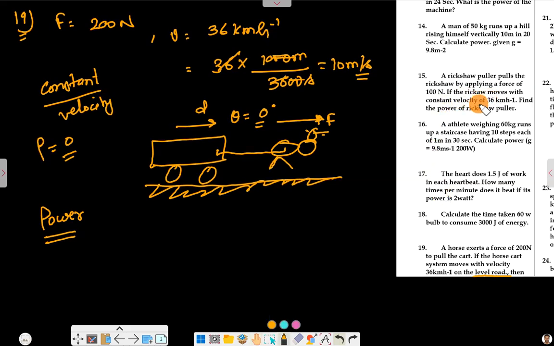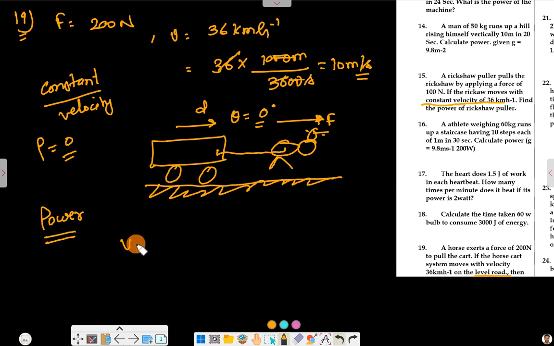In question number 15, see here it is mentioned constant velocity. In this question there was force and velocity, but due to constant velocity our power was 0. In this question there is again force and velocity, but here the answer will not be 0. Here we will get a value of power that is not equal to 0.